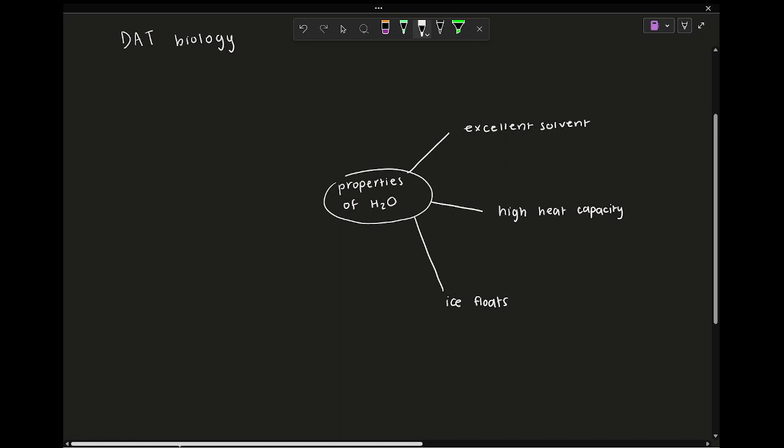This is different than the normal properties of other molecules or atoms. And so in this case, ice floats unlike other things, and this can be seen through the graphs.